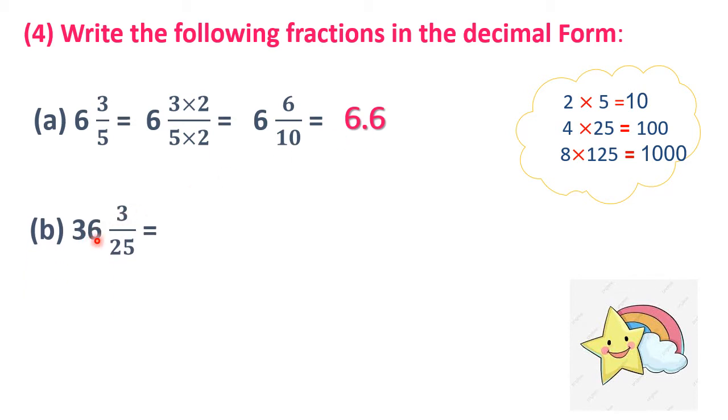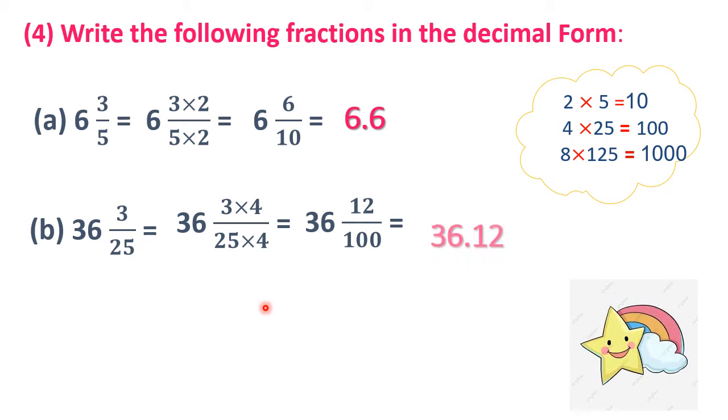B. 36 and 3 over 25. I want to convert 25 to 10, 100, 1000, 10,000. How? 25's friend is 4. Put 36 and 25 times 4, and times 4 in the numerator. 25 times 4 we know from friends is 100. 3 times 4 equals 12.